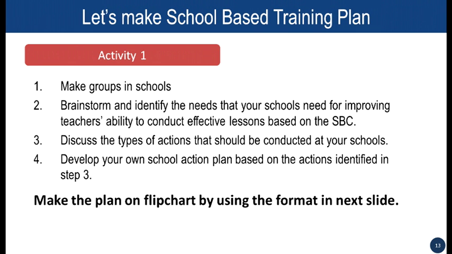Brainstorm and identify the needs that your school has for improving teachers' ability to conduct effective lessons based on the standard-based curriculum. 3. Discuss the types of actions that should be conducted at your school. 4. Develop your own school action plan based on the actions identified in step 3.